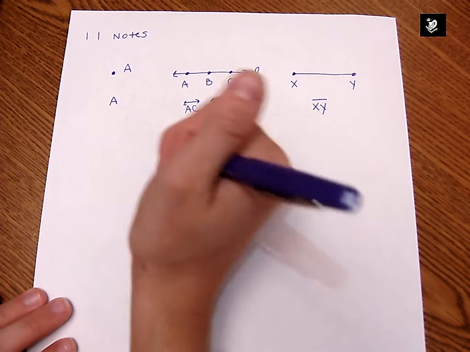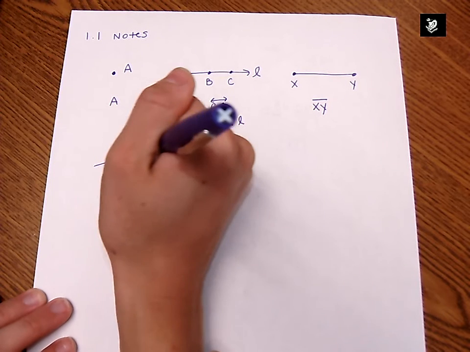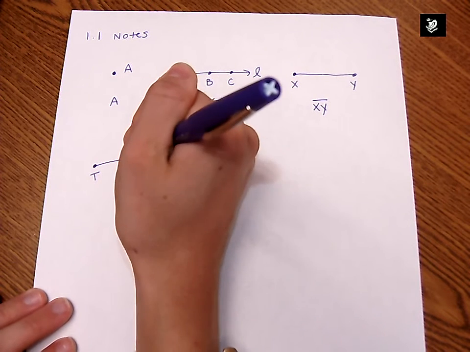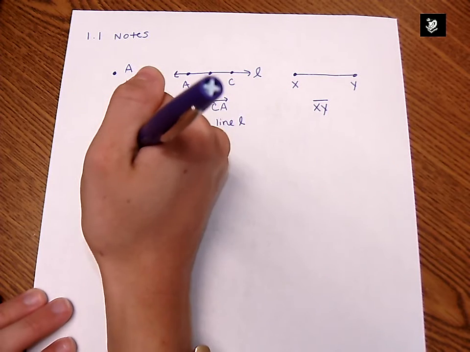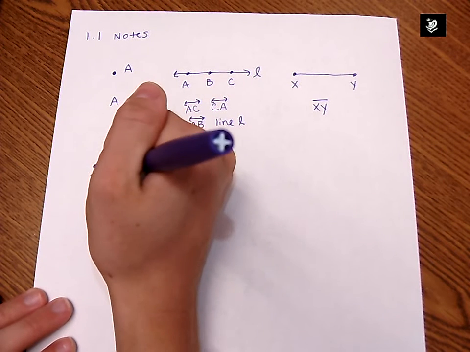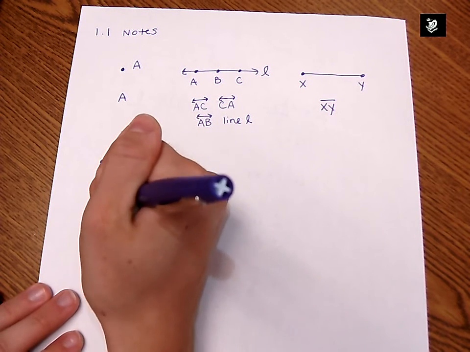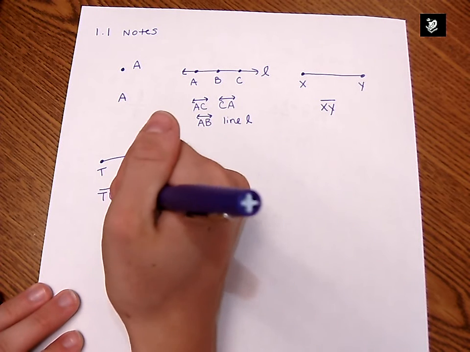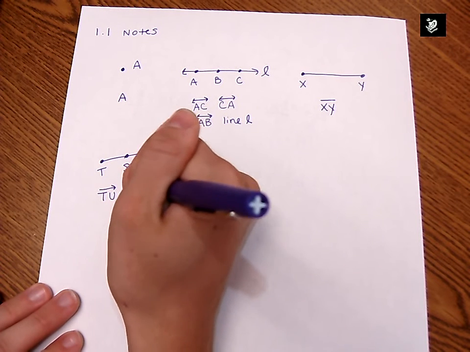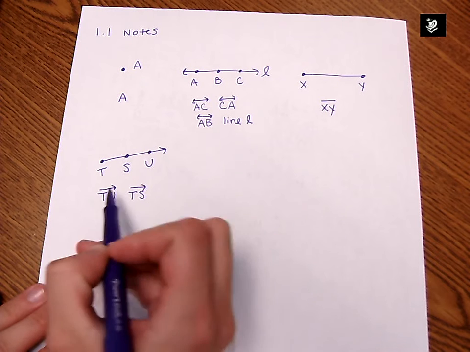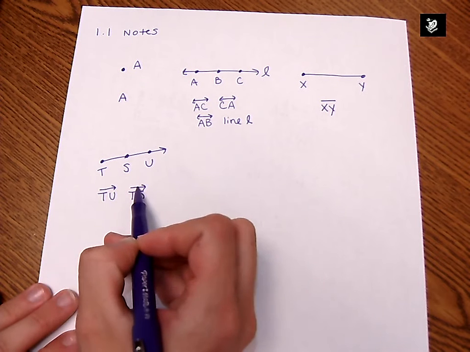And then when we're naming a ray, we have one endpoint and then we have another point on the line. Maybe we have a third point as well. So we could say ray TU. We could say ray TS, but the important thing is that we name the endpoint first, and then the arrow must always go to the right.